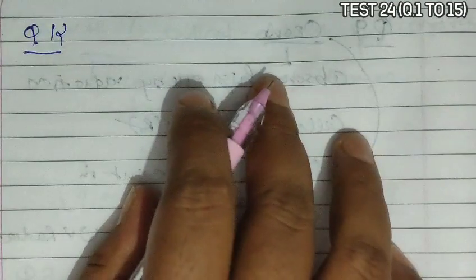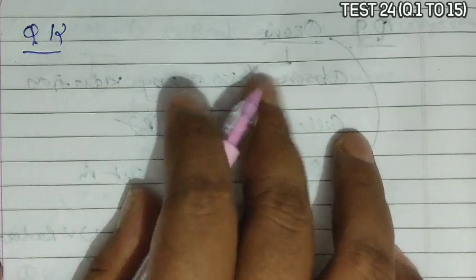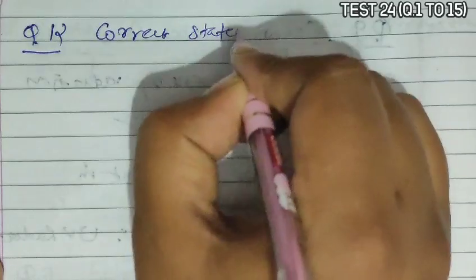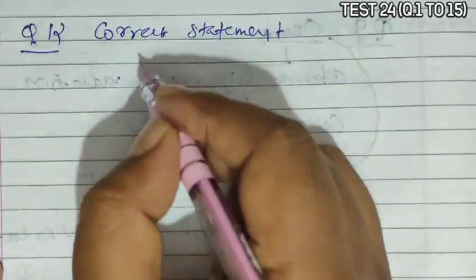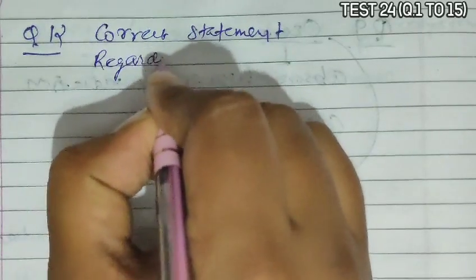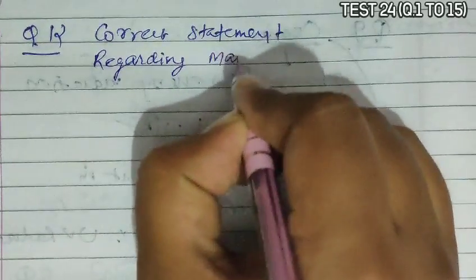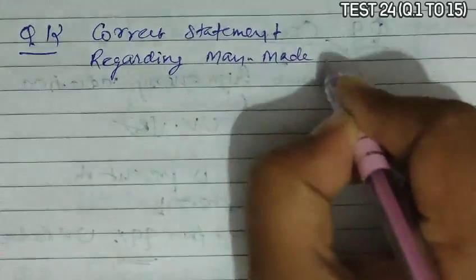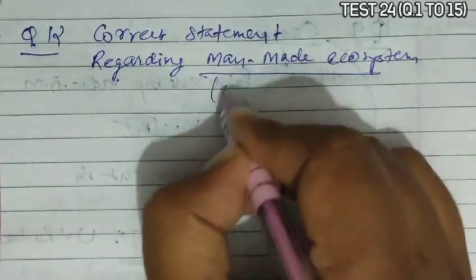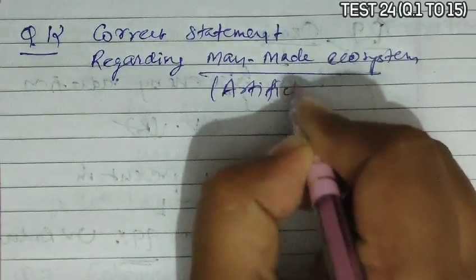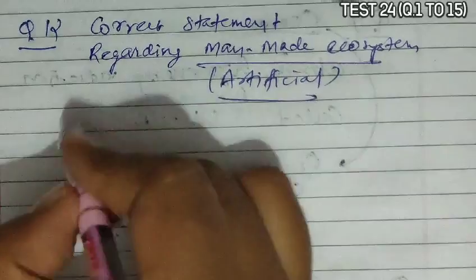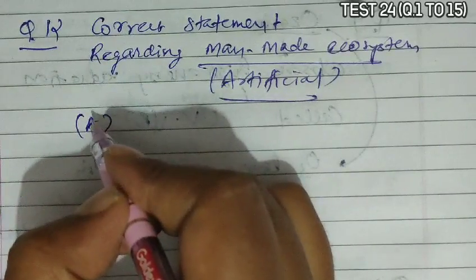Question 12. Question 12 asks which one statement is correct? Correct statement regarding man-made ecosystem. Man-made ecosystems are nothing but artificial ecosystems. Now, according to the options, artificial ecosystems are highly efficient.